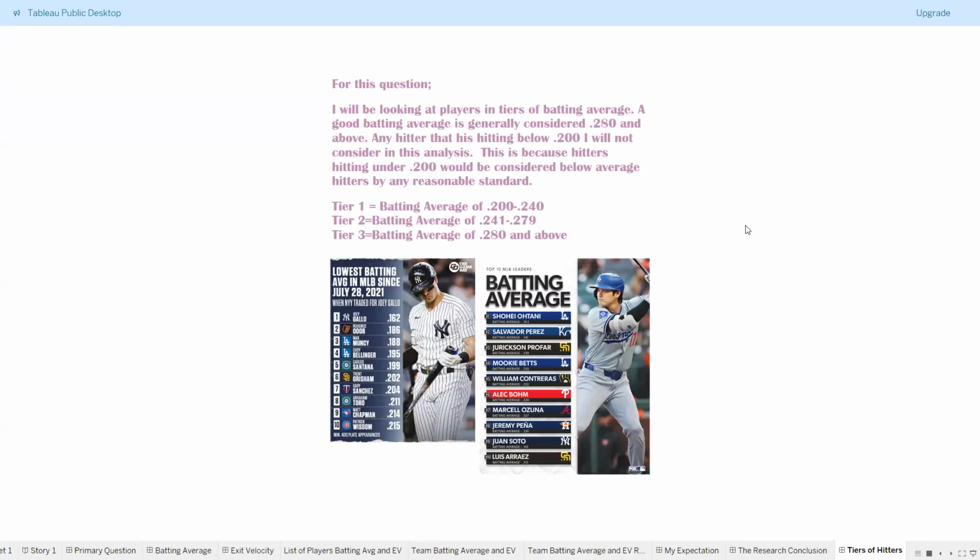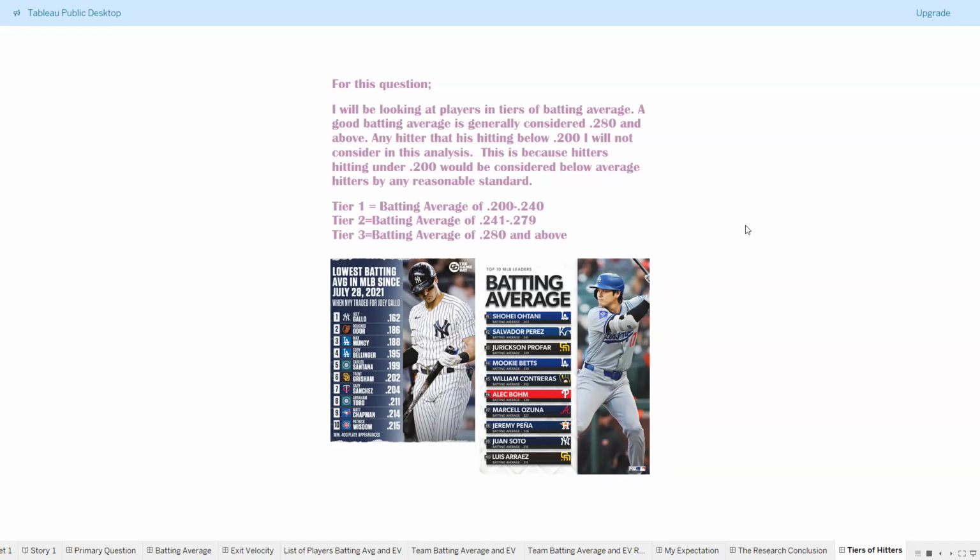Any good batting average is generally considered .280 and above, and any hitter that's hitting below .200, I wasn't really considering in this presentation, because if you're hitting .200 or below, then you're really not hitting the ball hard and you don't have a high average. So it wouldn't really make sense for me to consider those hitters.